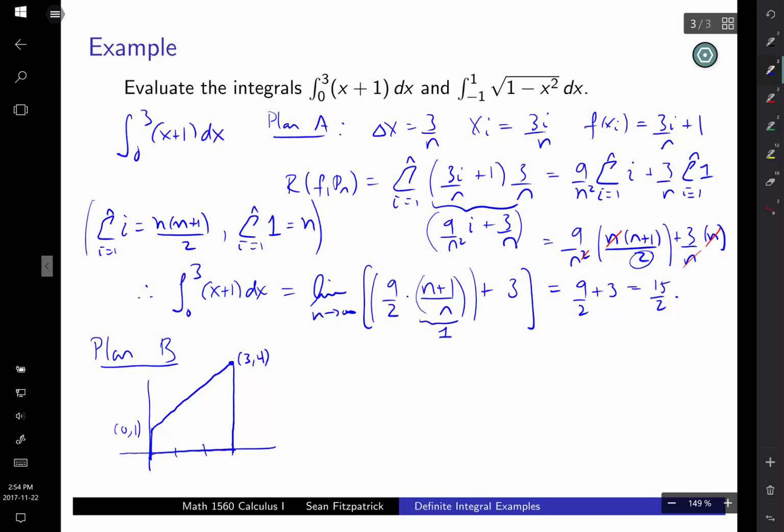Okay, and there's two ways I can do this. I could do it as kind of, well, hey, it's a rectangle plus a triangle. Area 1 is 1/2 times the base 3, right? We're going 3 units across, times the height, which is 3, 9 over 2.